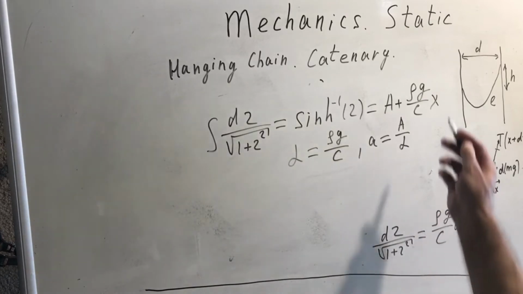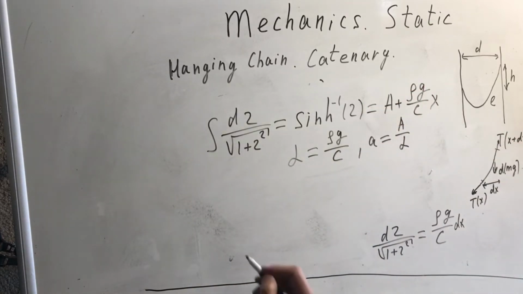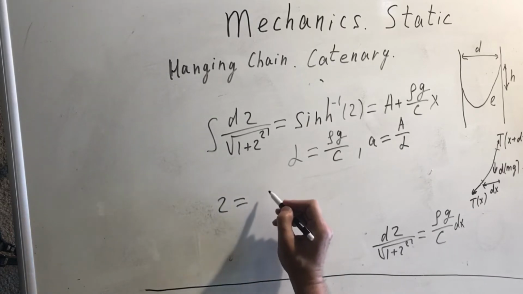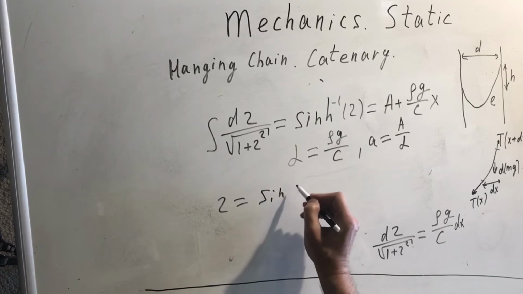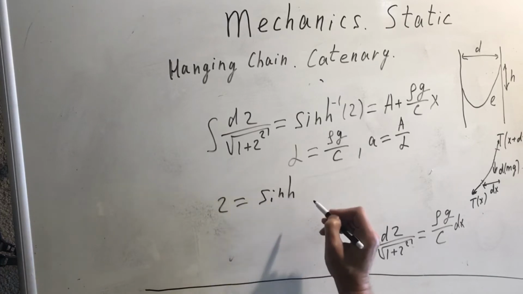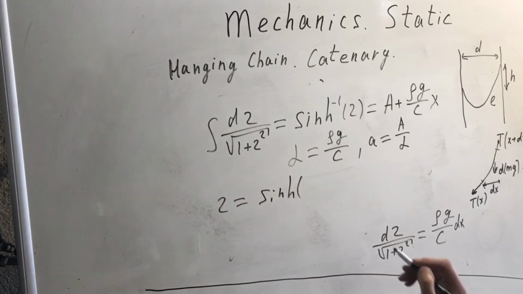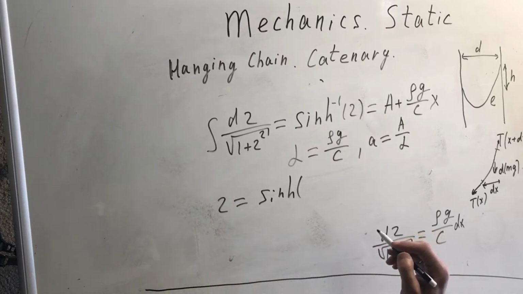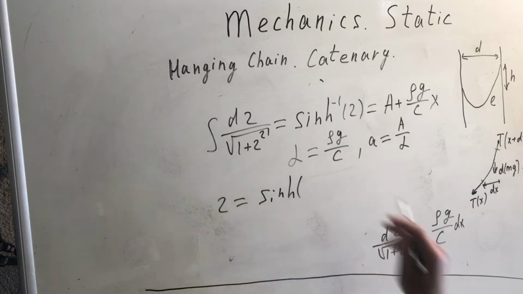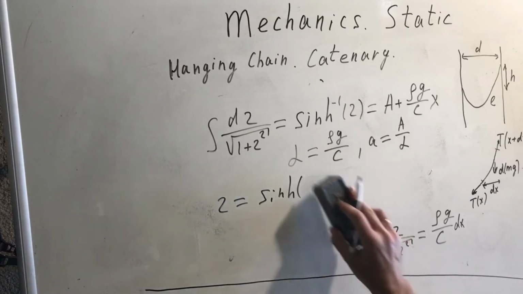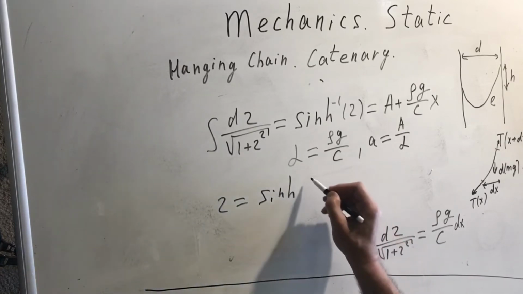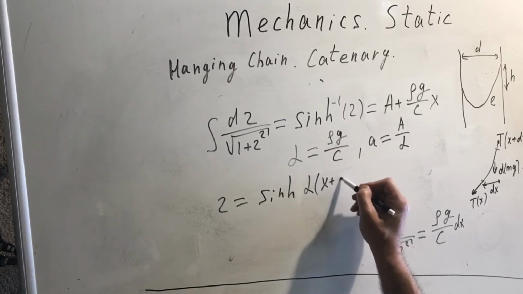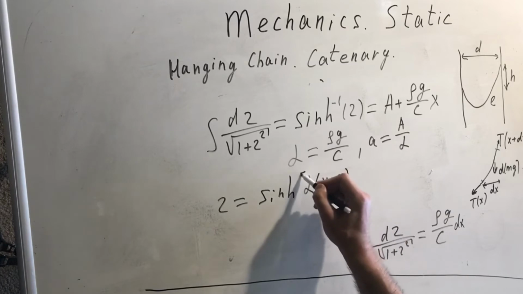In that case, we can rewrite this formula in the form of z equals hyperbolic sine of alpha x plus a. So this is the formula.